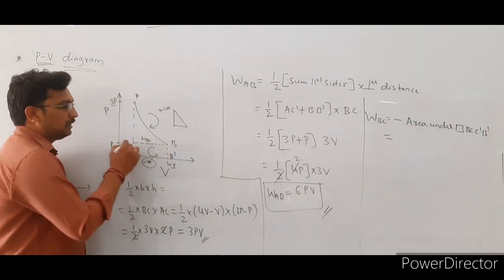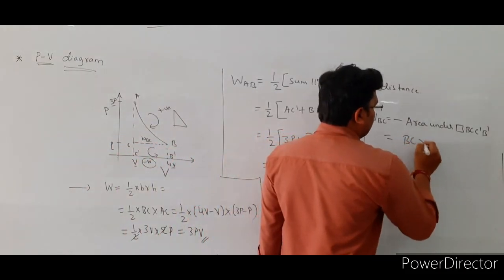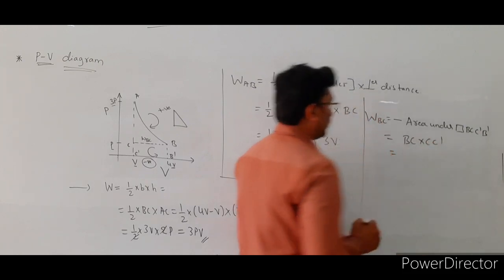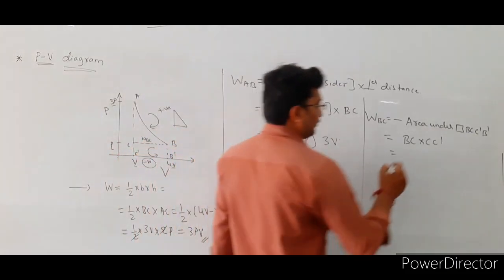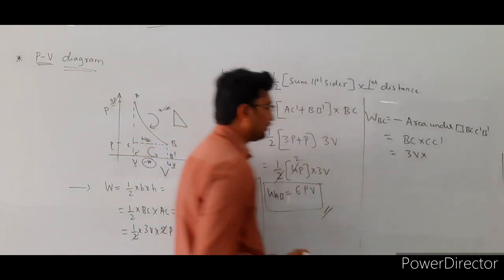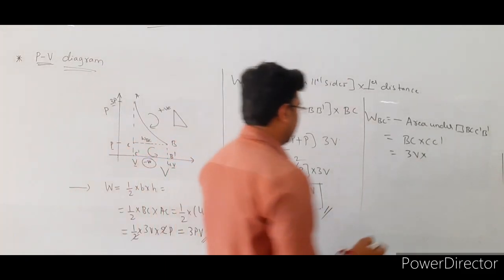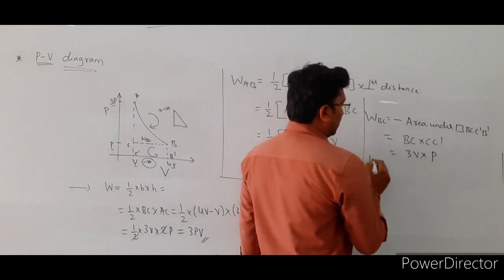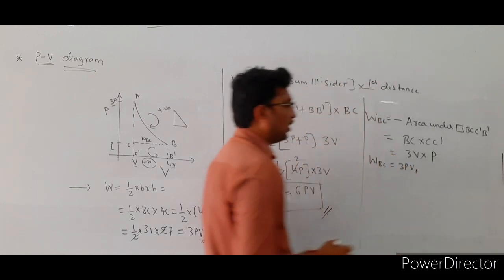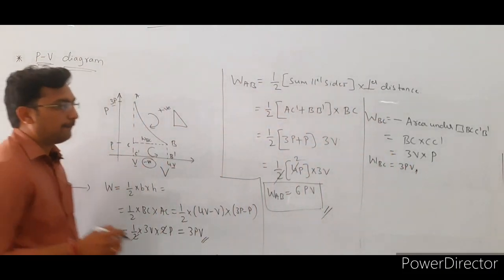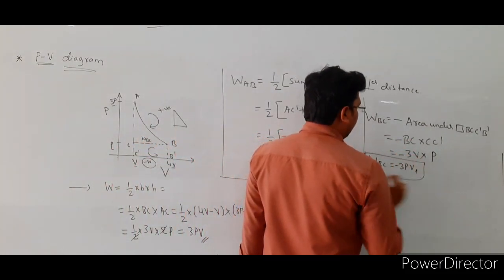That is length into breadth, that means BC into CC dash. What is the BC value here? The BC value is 4V minus V, that is 3V, into CC dash, or BB dash, that is P. So the work done along BC is equal to minus 3PV. Here the minus sign is there.